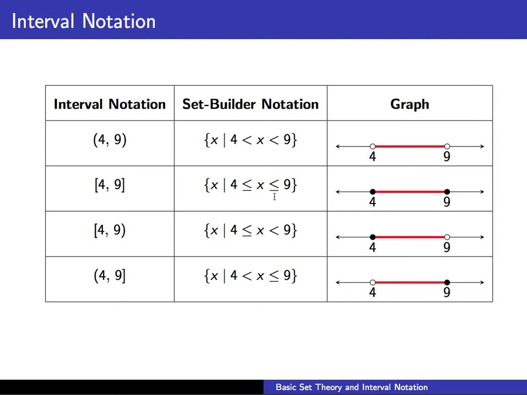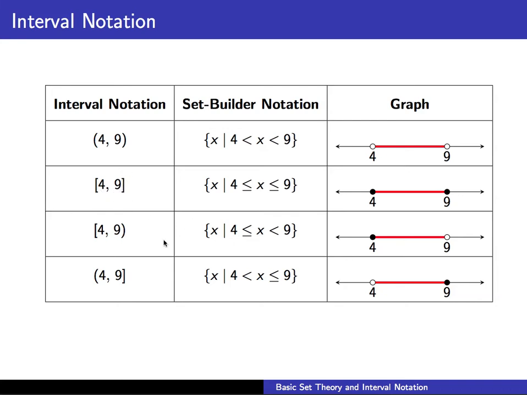So open circles on 4 and 9, parenthesis before the 4, parenthesis after the 9. If we are allowed to equal those values, then they're closed circles. So be careful with your answers that you're communicating whether or not your circles are open or closed. So here we have values of X between 4 and 9, including those endpoints. And for inclusive values, we use brackets. So bracket 4, comma 9, and then another bracket.